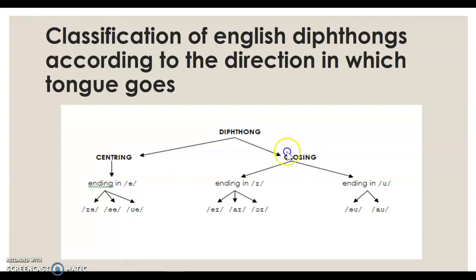If we speak about closing diphthongs, we can have two subcategories, the ones ending in I and the ones ending in U. When speaking about the ones ending in I, we find eɪ, aɪ, ɔɪ. When speaking about sounds ending in U, we have əʊ and aʊ. If you pay attention, they are called closing because both I and U are vowel sounds that are in close position according to the palate.